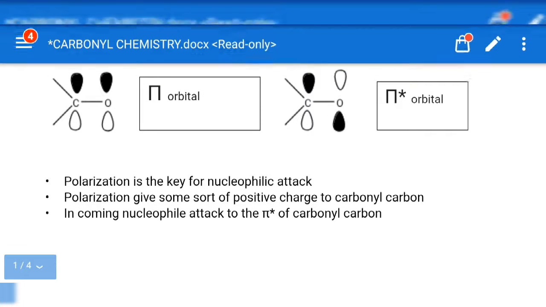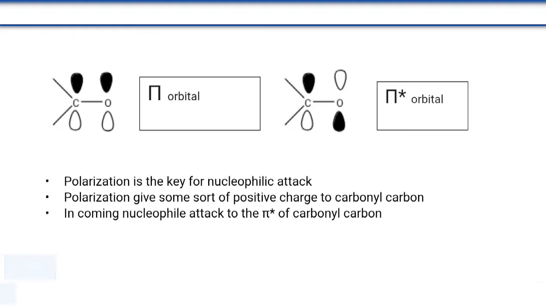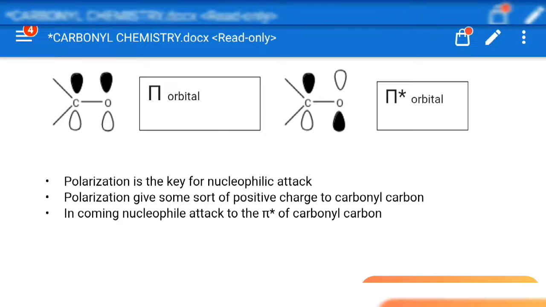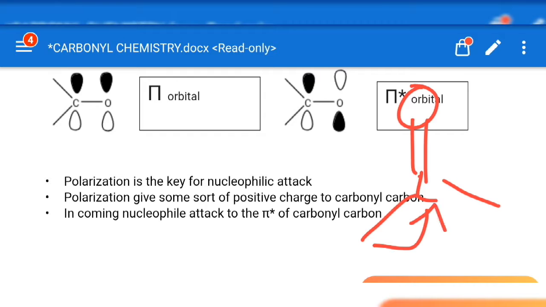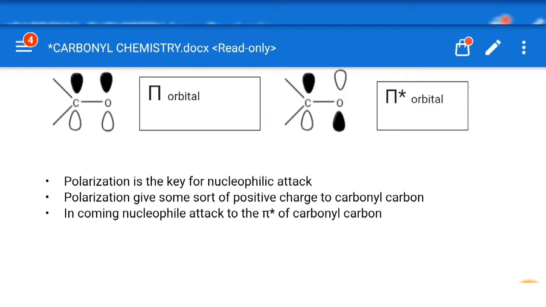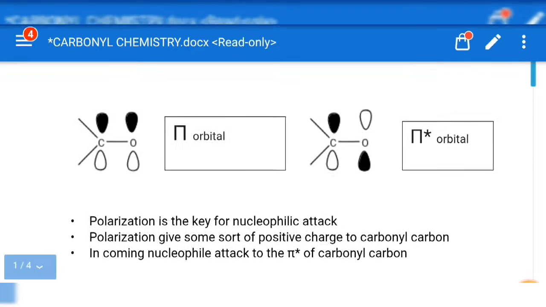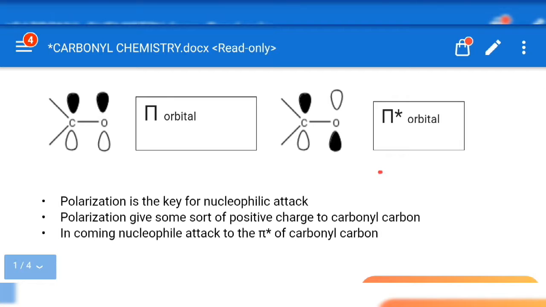Now when a nucleophilic attack is occurring on a carbonyl compound, we have to know where the nucleophile will attack. In a carbonyl compound, a nucleophile will always attack the carbon attached to oxygen. Why? The main reason is polarization, because oxygen is higher in electronegativity than carbon.